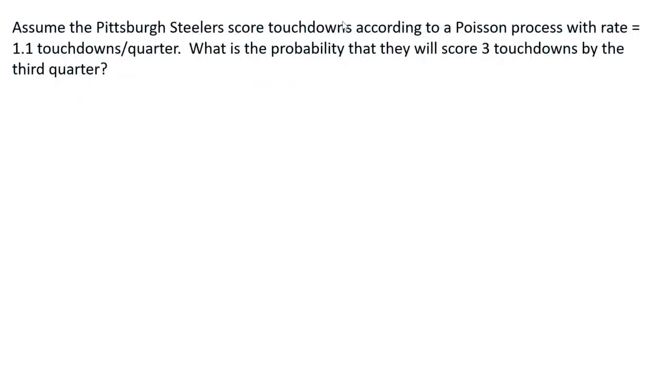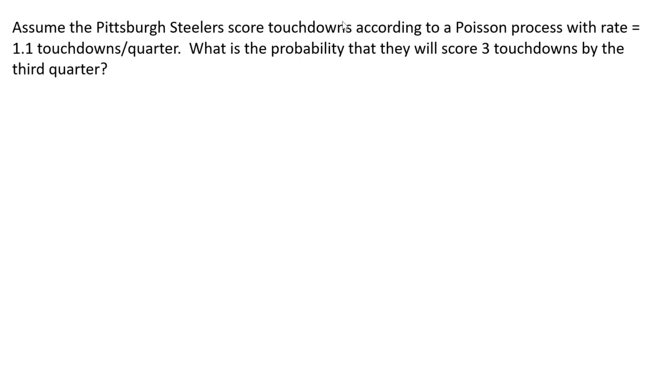Assume the Pittsburgh Steelers score touchdowns according to a Poisson process with rate equals 1.1 touchdowns per quarter. What's the probability that they will score 3 touchdowns by the third quarter? I would say pretty good, right? 3 touchdowns by the third quarter, at 1.1 touchdowns per quarter.